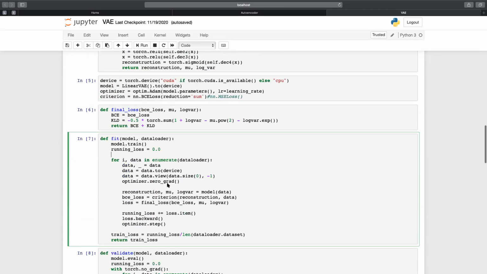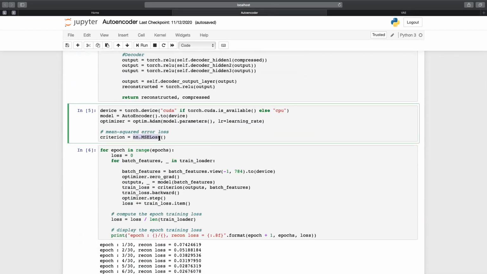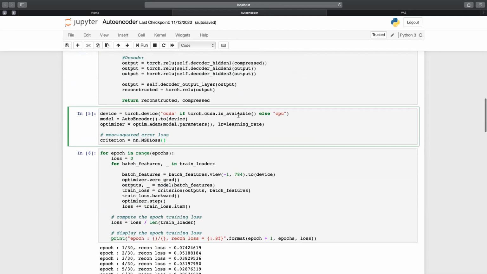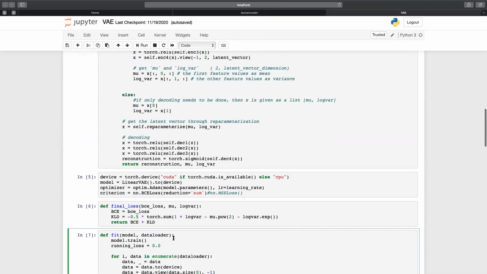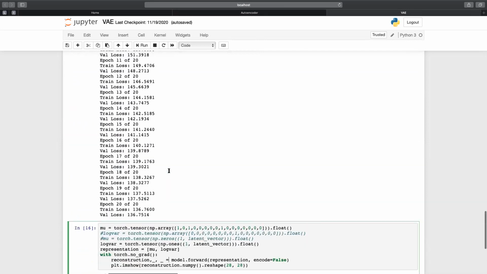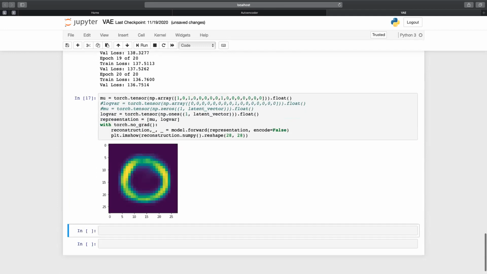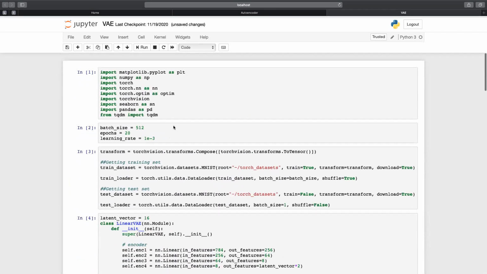These are the two main differences. Whereas in an autoencoder, the loss function was just a mean square error loss. So the network trains, the loss reduces, and we can sample from the latent vector distribution that we just learned in some sense. So that's a VAE.